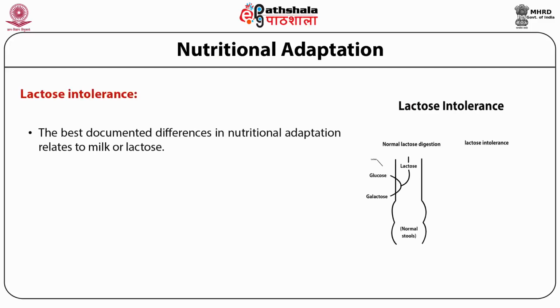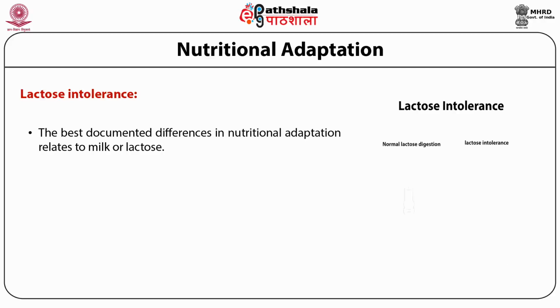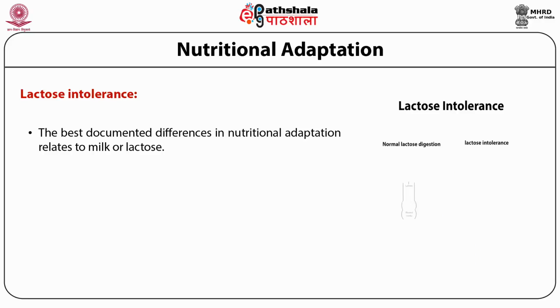Lactose intolerance. The best documented differences in nutritional adaptation relate to milk or lactose. In the period following World War II, many of the most prosperous countries of the North Temperate region, especially the United States, decided that the food shortages of many countries could be aided by food supplementation.